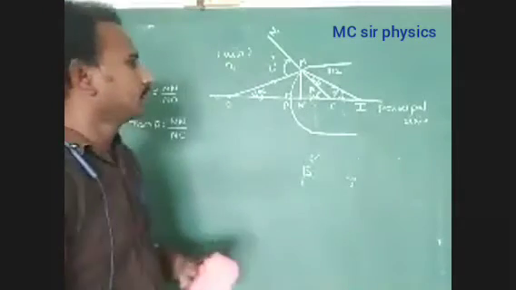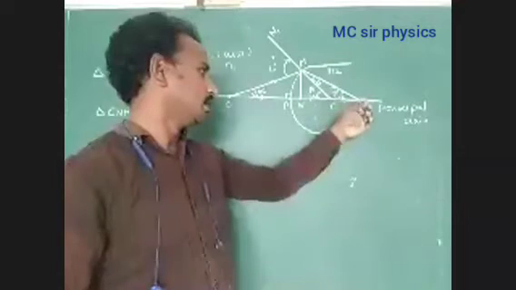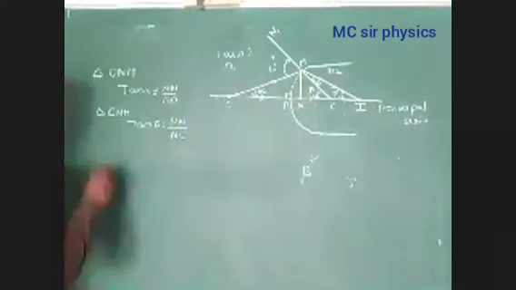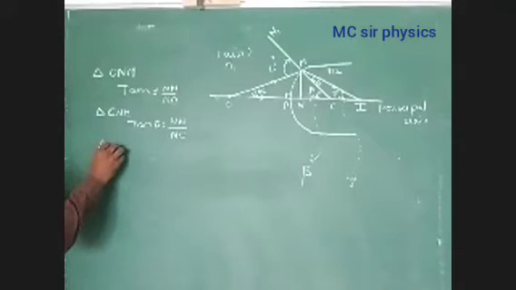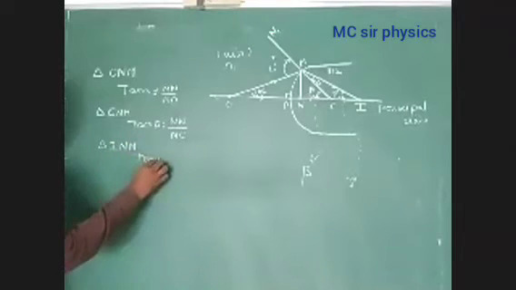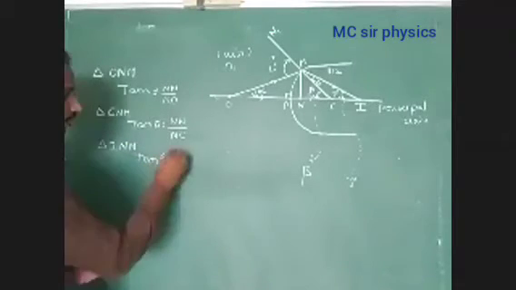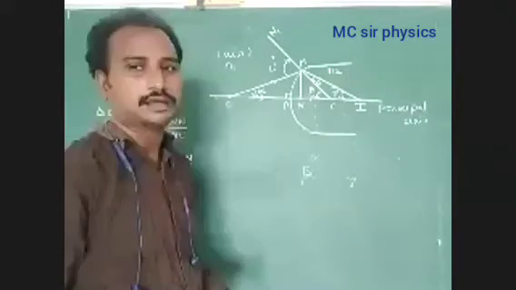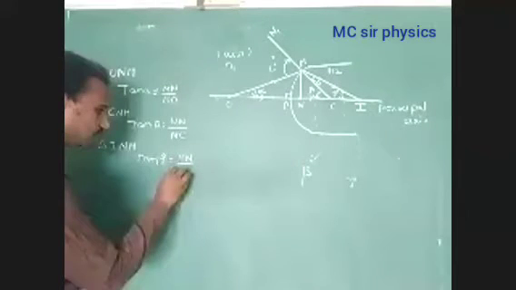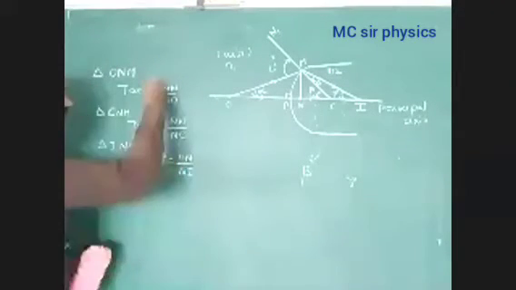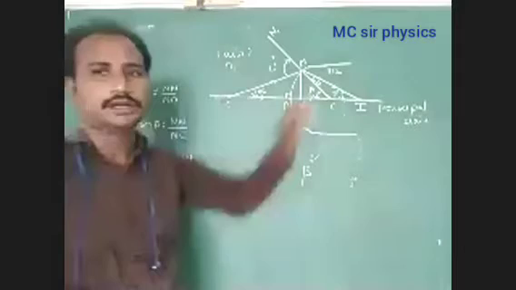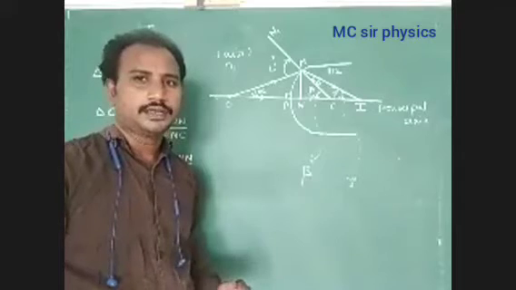And the next right angle triangle is INM. Tan gamma equals MN by the adjacent side NI. So we can easily calculate tan alpha, tan beta or tan gamma with the help of these three triangles.